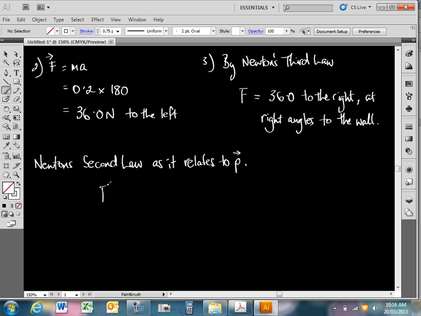Newton's second law, force equals mass times acceleration. And we can break this acceleration down easily enough. Mass times acceleration, which is final velocity minus initial velocity, all over delta t.